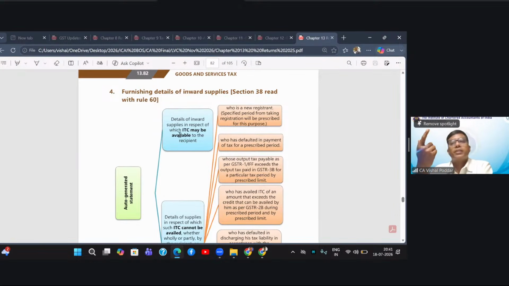If you recall the ITC chapter, in section 16, there was one very important condition, that I can take ITC only if my supplier has reported that in their GSTR1 and it is communicated to me. How is it communicated to me? It is communicated to me through this auto-generated statement, which is in GSTR 2A and 2B.